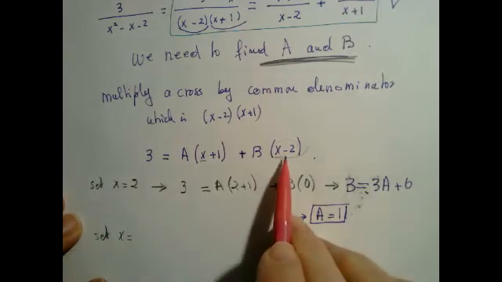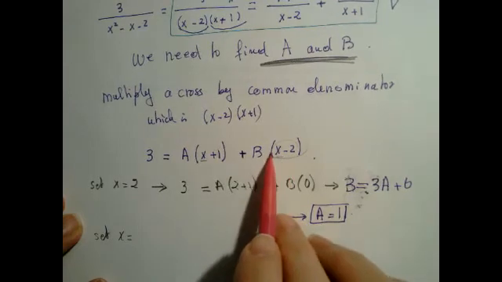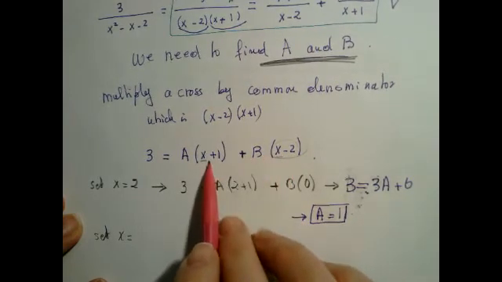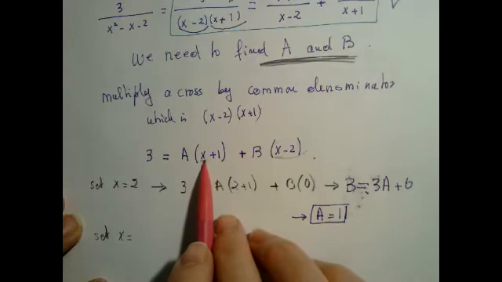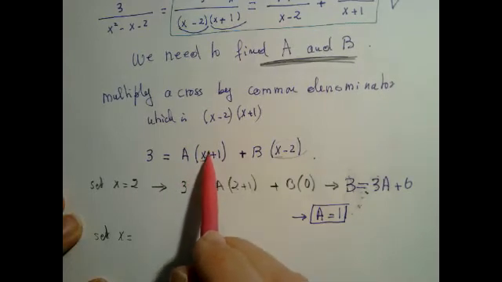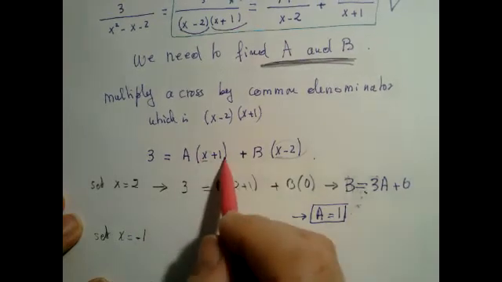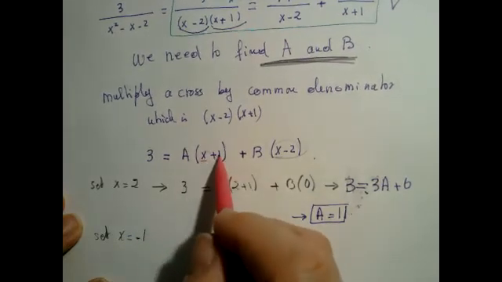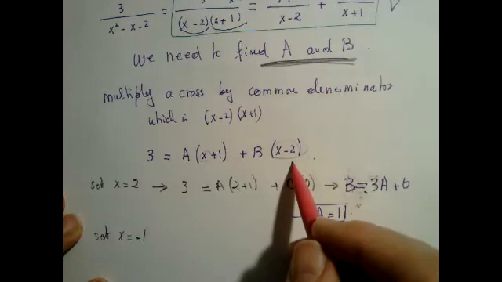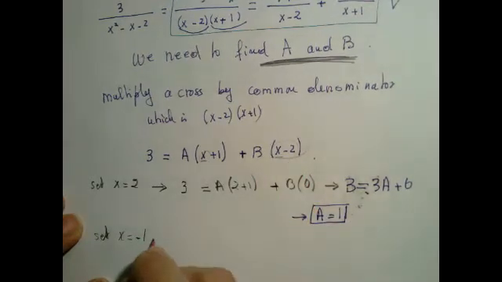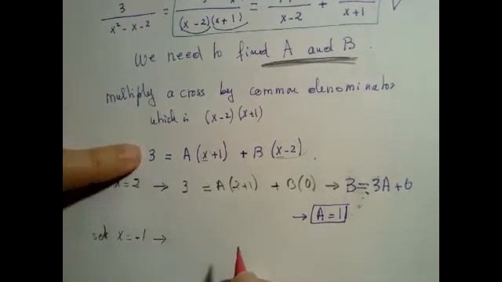Okay. So I look very carefully. I want the b. So let me see if I can somehow get rid of the a. I look here and say, if I take x to be minus 1, I plug it back in, this will give me a 0, and this will allow me to find the b. That's the logic we are going to use. So I plug in x equal minus 1 in this expression.